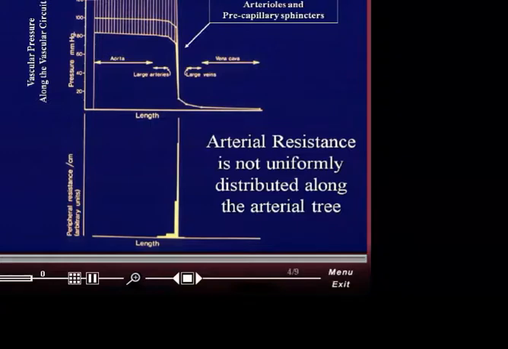Thus, if you were to look at where the resistance exists, it would be totally concentrated in the arterioles, and thus the concept of systemic vascular resistance is a meaningless concept. It doesn't exist in real life. What we want to know is the arterial resistance or vasomotor tone, and that will be the major determinant of the sympathetic tone. Arterial resistance is not uniform clearly across the vasculature.